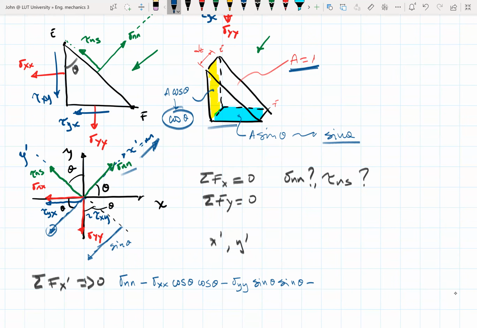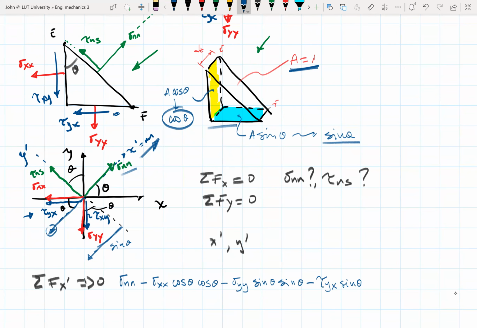Minus, let's start with this one here, shear stress tau yx. Tau yx is applied on the horizontal face, which means it has to be multiplied by the area sine theta.